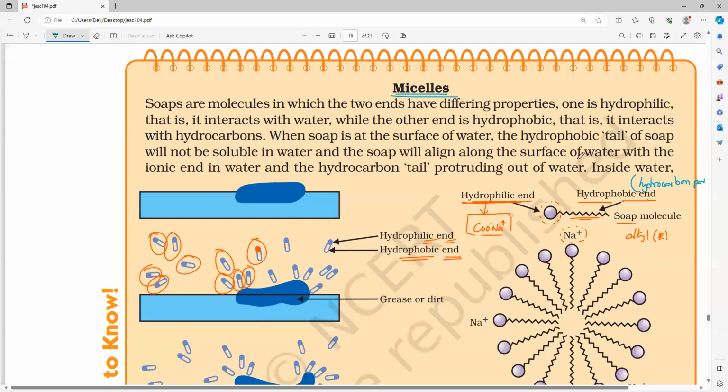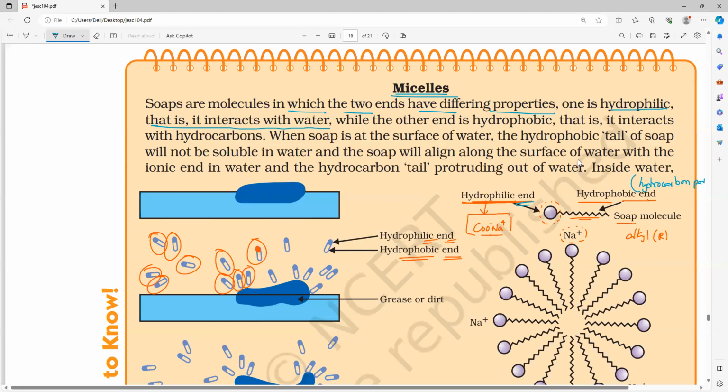We'll continue from here. Soaps are molecules in which the two ends have different properties. One is hydrophilic, which we already studied. It interacts with water. The head part attracts towards the water.